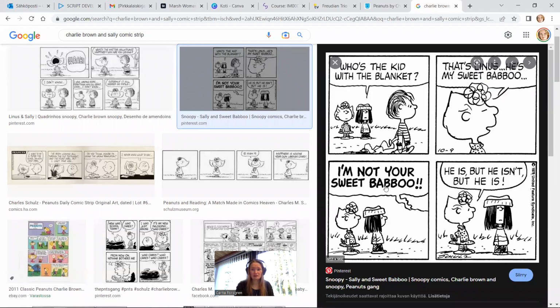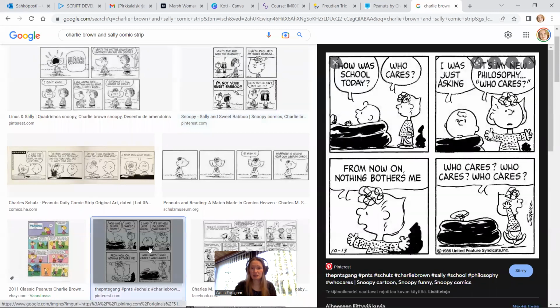And Linus gives her back, I'm not your sweet baboo. Sally says he is, but he isn't, but he is. And actually, this girl is someone who Linus falls in love with, which makes Sally quite jealous. So again, a triangle, this time a love triangle, but there are also the sibling triangles like here.